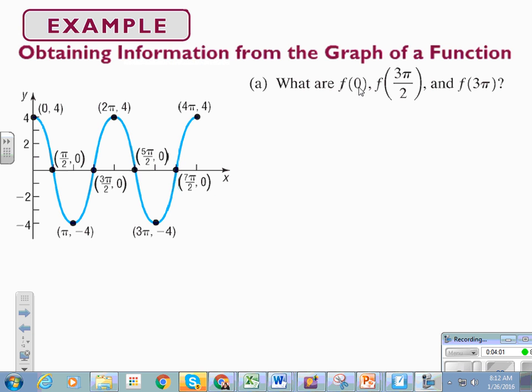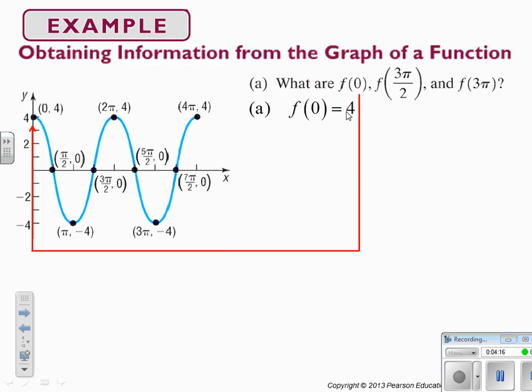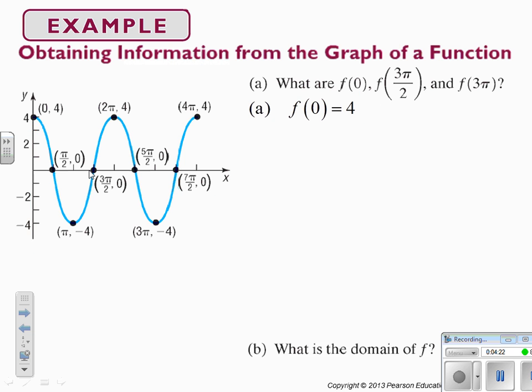All right, so if we look at our graph, find x equal to 0. And our y value is 4. So f of 0 is equal to 4. Then look at your graph and find 3 pi over 2, which is right here.